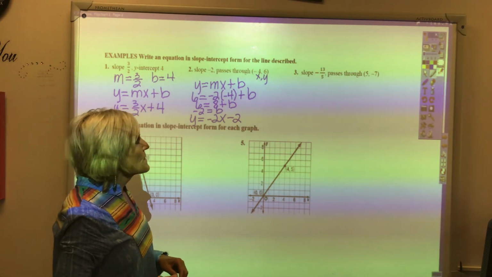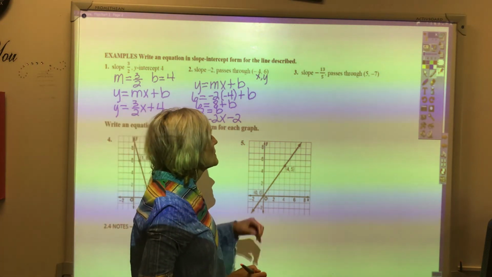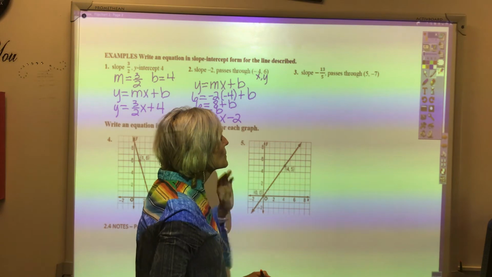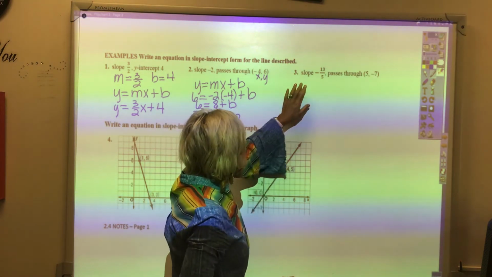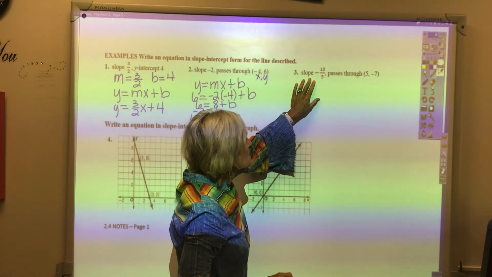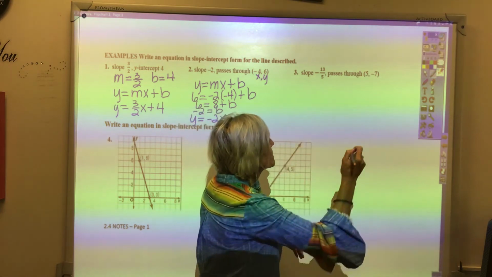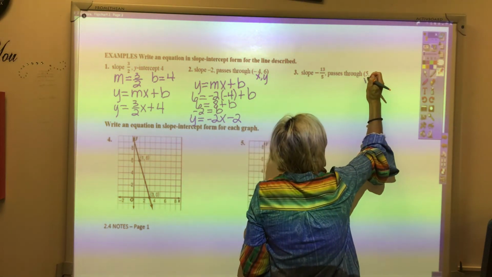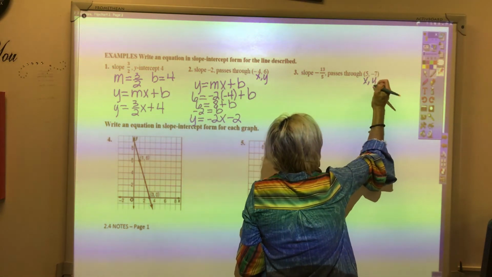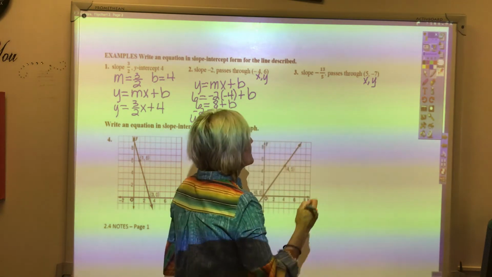Okay, on the third example, we have a slope of -13/5, and a point going through 5, -7, our x and our y.